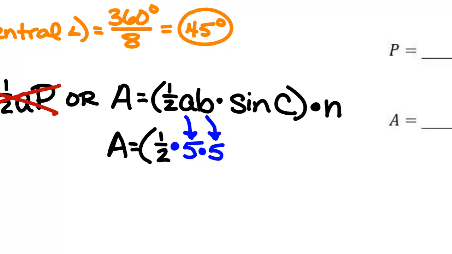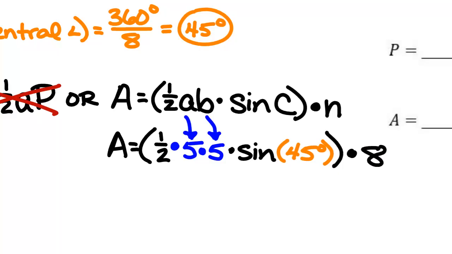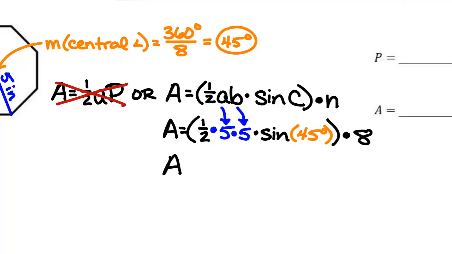You have to have something going in for each of those. Times the sine of what? Sine of 45. Times 8. And then we grab a calculator and we pop it in.